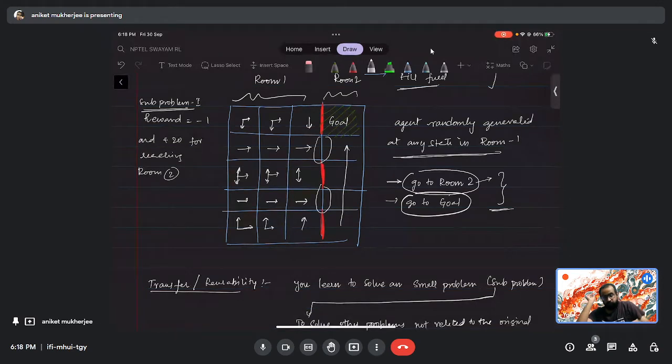So now you know, given this kind of setting, how to go into the other room. But this might not be optimal for the whole RL problem. We'll come back to that.